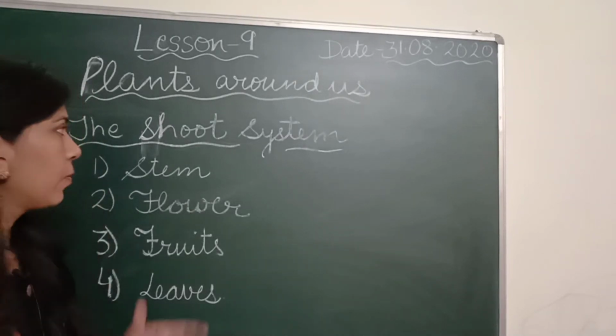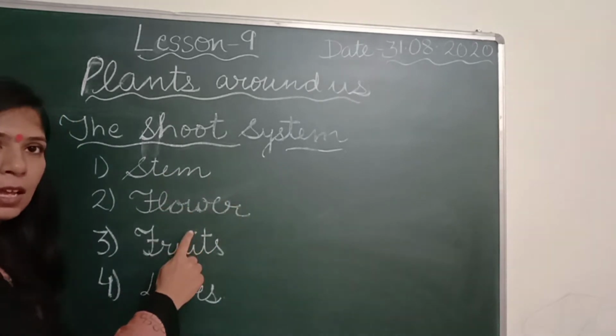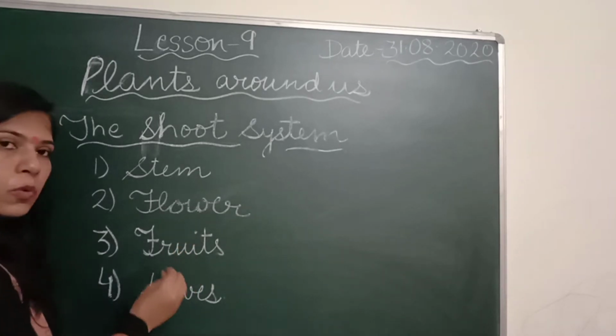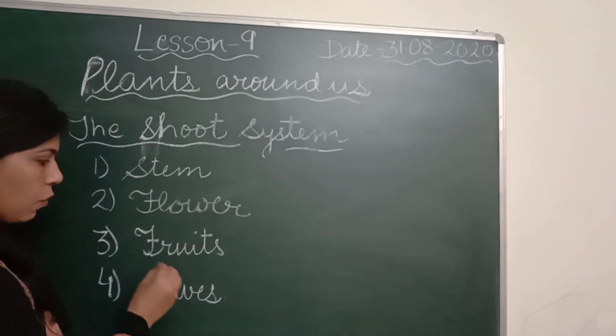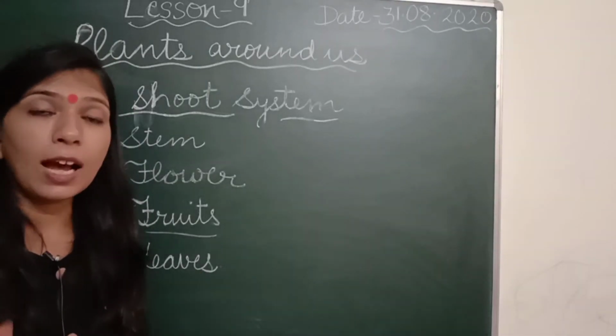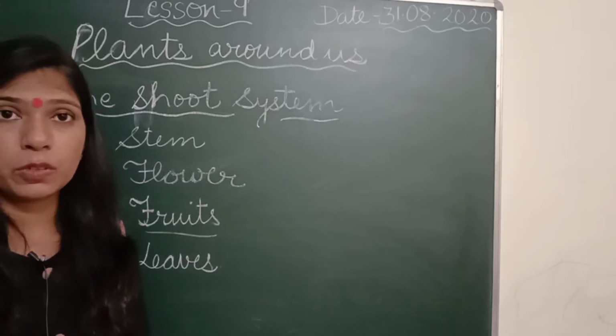Kids, as you all know, we were doing the shoot system, and I explained to you about stem and flower in the last class. Today I will explain to you about fruits and leaves. So first is fruits. Do you know what flowers grow into? Yes, flowers grow into fruits.